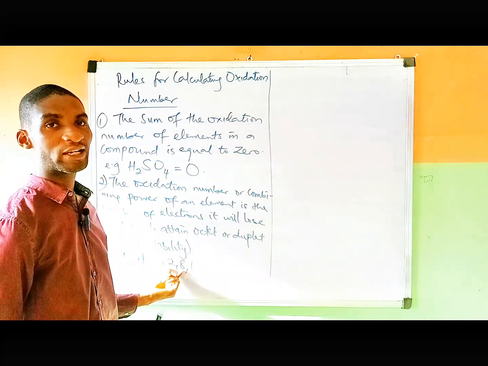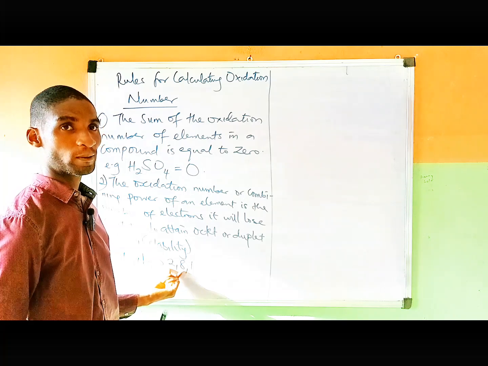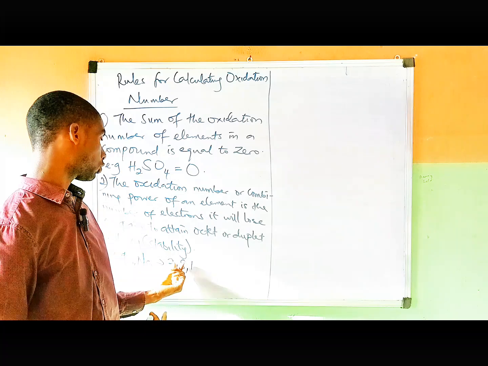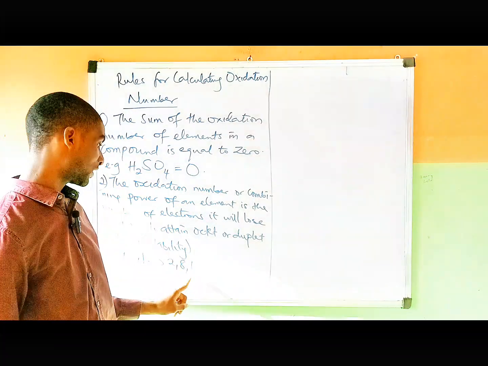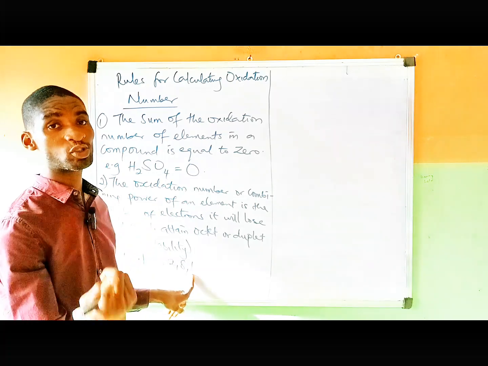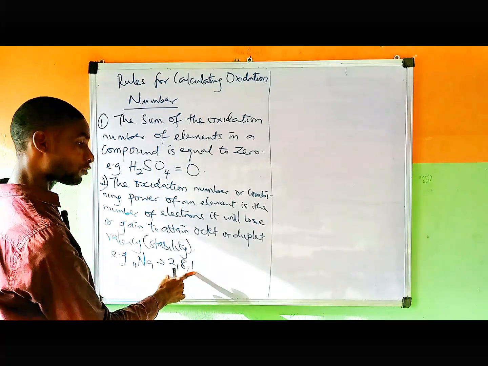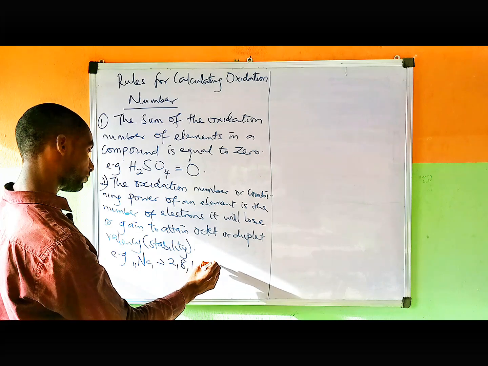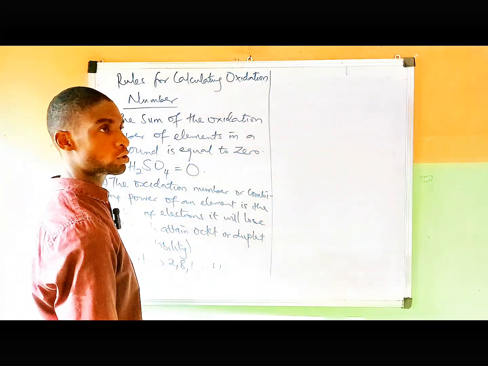Valency means the number of electrons in the outermost shell. Octet means 8. Duplet means 2. So to have 8 electrons in the outermost shell, it means to give out 1. And when it loses 1 electron, that is plus 1. So the oxidation number of sodium will be plus 1.